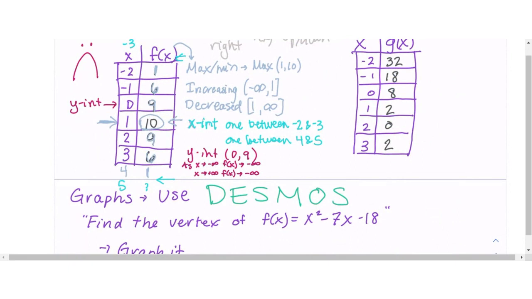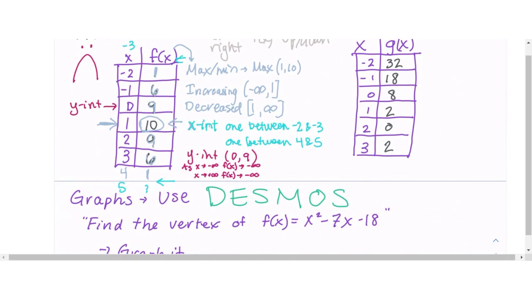All right. Or you would have one like this. If we had a table like this, I'm looking for something where it's kind of symmetric on both sides. I see there's a 2 here and a 2 here, so that means that this right here has to be my max or min. And since the 0 is smaller, I can see that this is a min, and it would be a smiley face graph. So it's a min at 2, 0.